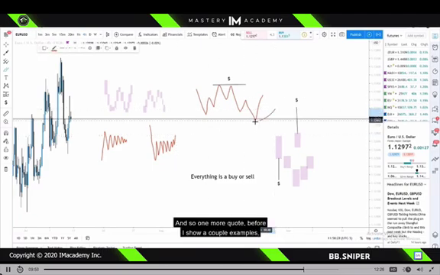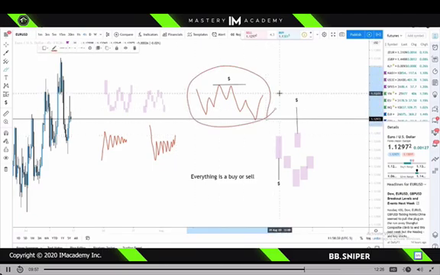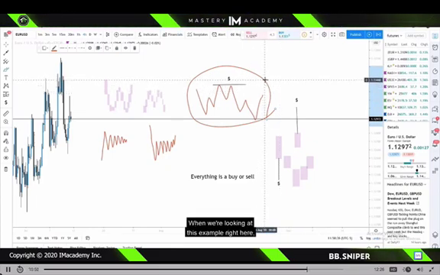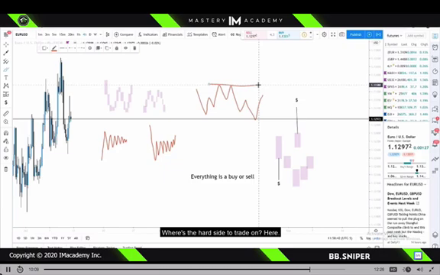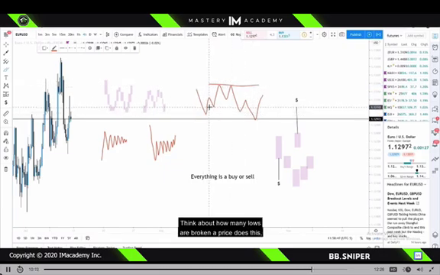Okay, and so one more quote before I show a couple examples. Pay attention to the clean side, not the dirty side. When we're looking at this example right here, think about it. Where's the clean, easy side to trade on? Here. Where's the hard side to trade on? Here. Think about how many lows are broken.